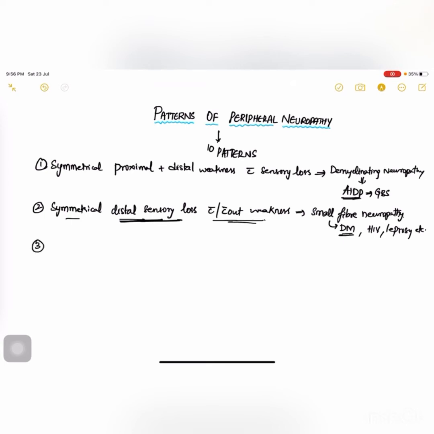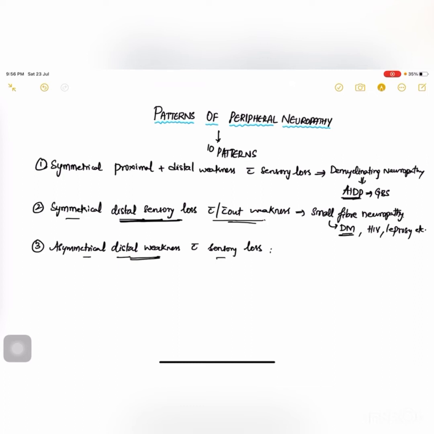The third pattern is asymmetrical distal weakness with sensory loss. So here there is asymmetrical involvement, for example only in one limb, with distal weakness and sensory loss.